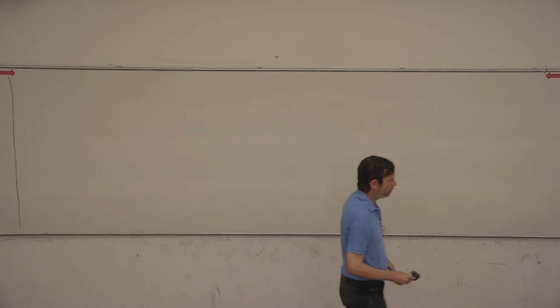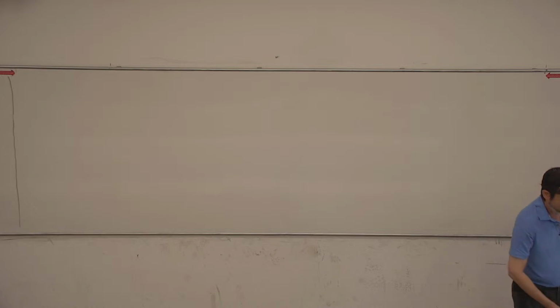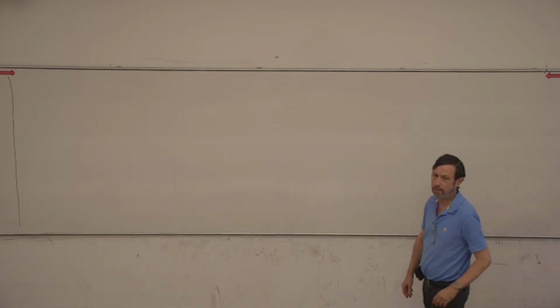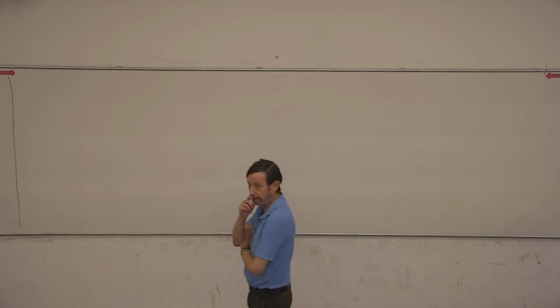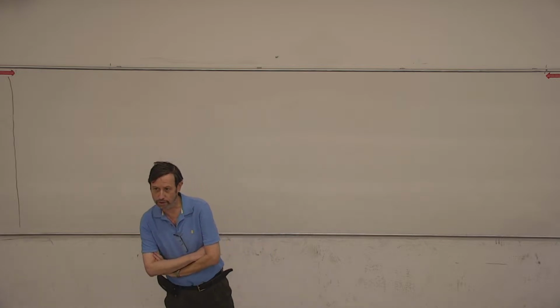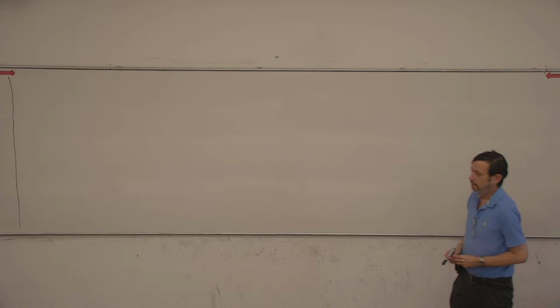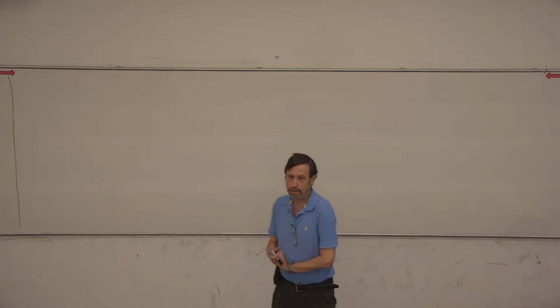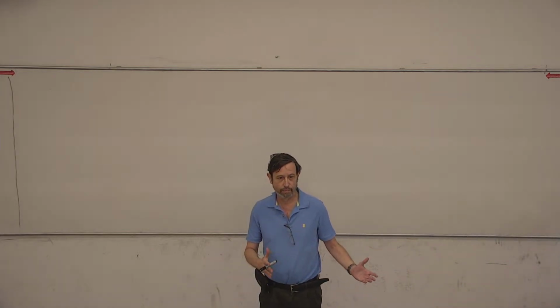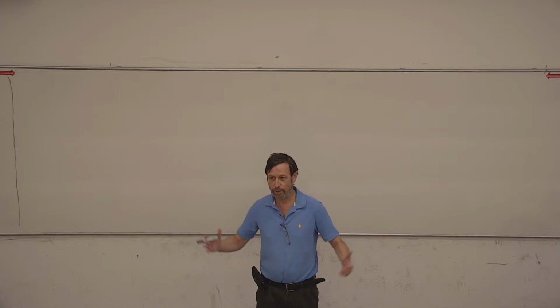So what we are going to do in this lecture is the nearly free electron approximation. And if we have time, perhaps we'll do tight binding. As I said in the previous lecture, these are two edges of approaching this problem.